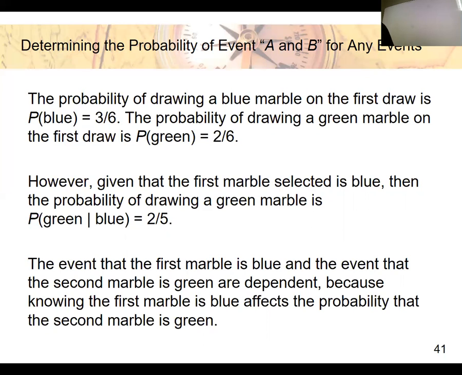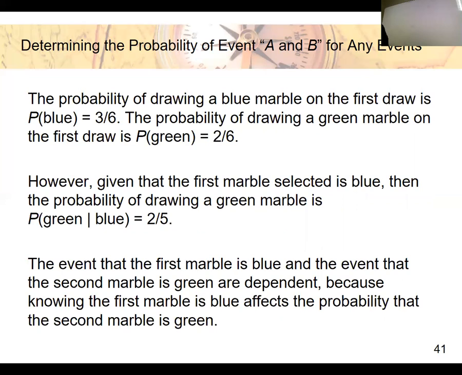So the probability of drawing a blue marble on the first draw is 3 out of 6, because there were 3 blue marbles and a total of 6. The probability of drawing a green marble on the first draw would be 2 out of 6, because there were 2 green marbles in the jar out of 6.